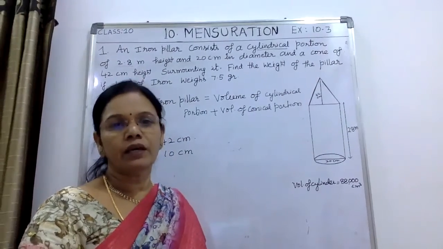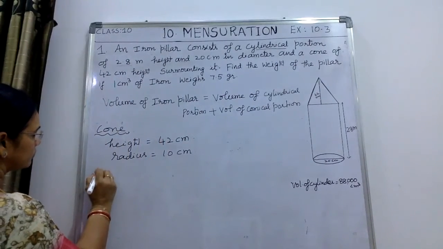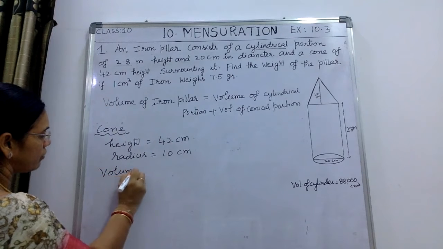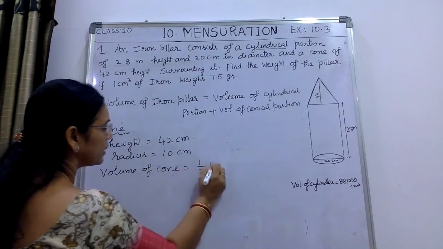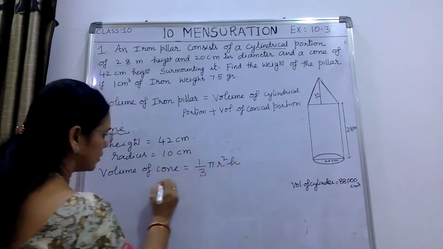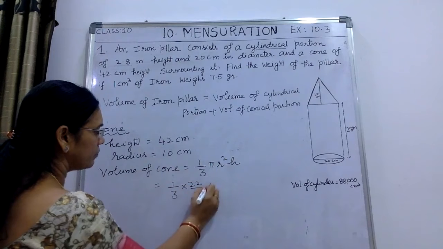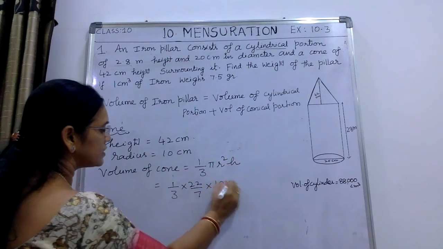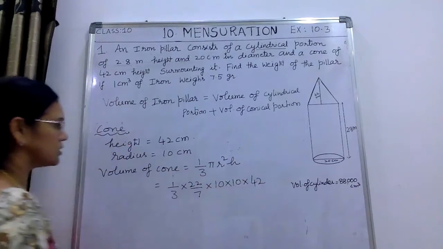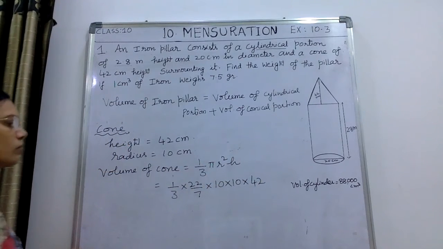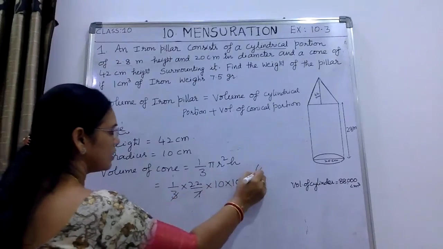Now what is the formula to find the volume of the cone? Volume of cone is equal to 1 by 3 pi r square h. So 1 by 3 pi, we know pi is 22 by 7. What is r? Again it is 10. h is 42 centimeters. Now 7 sixes are 42, 3 twos are 6.